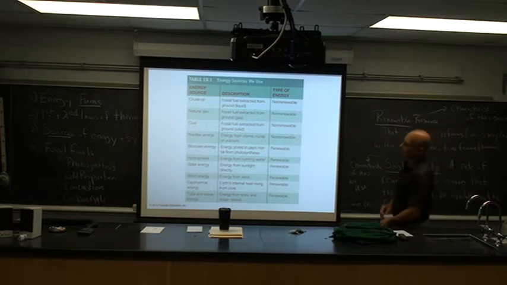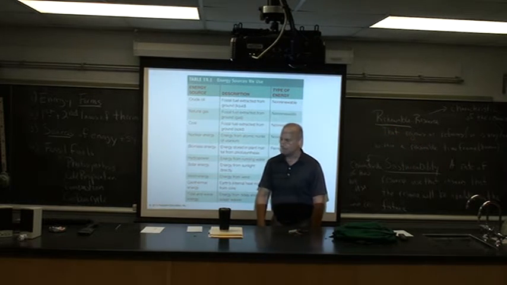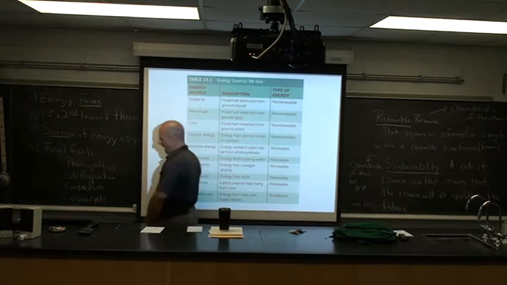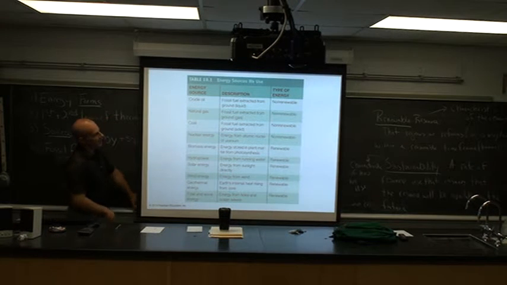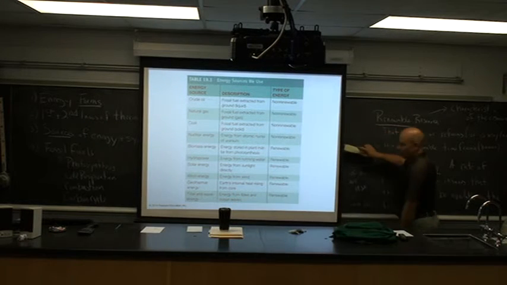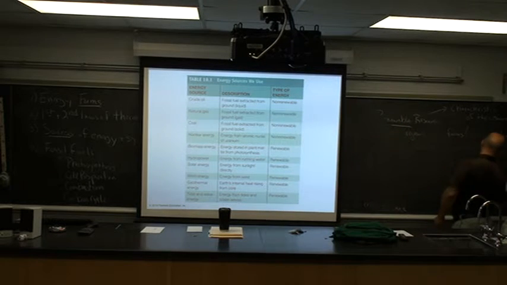Now, rather than just have you learn all these, I find that they're sort of categorized as the non-renewable ones and then the renewable ones. But I find that drawing a picture makes it much easier to learn these things.